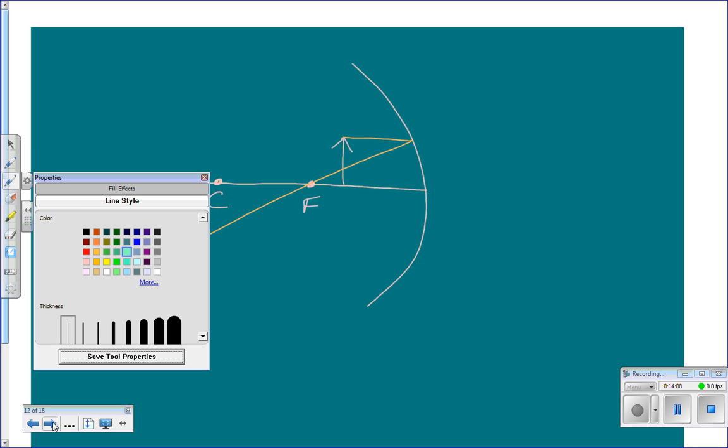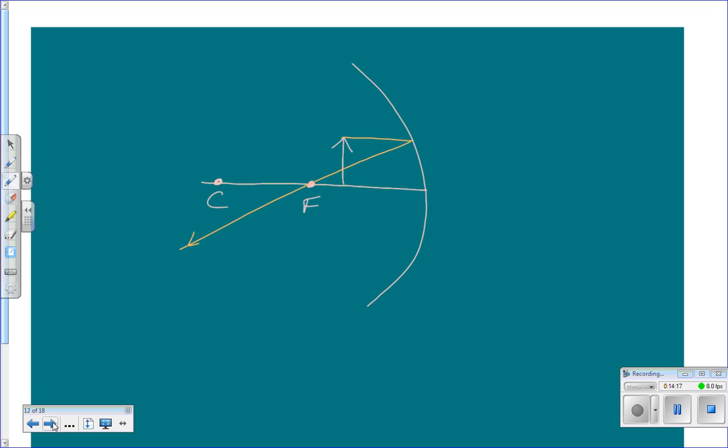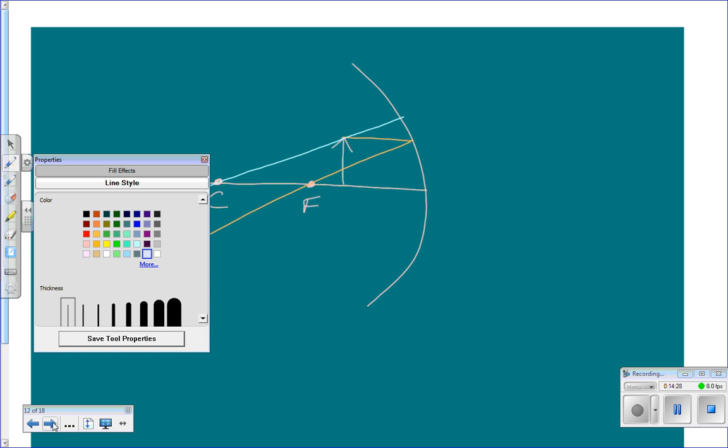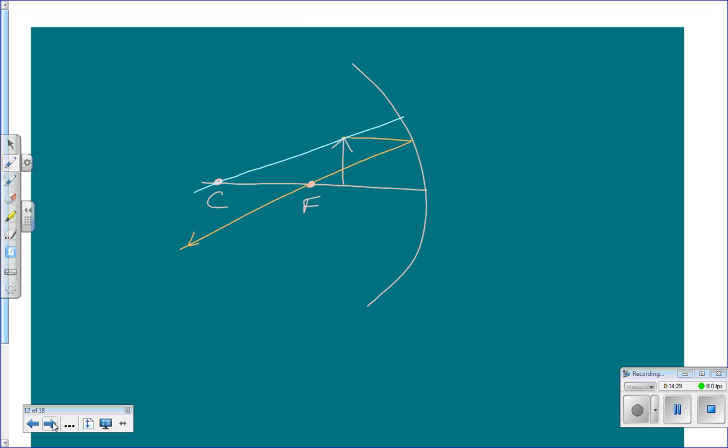Ray 2, I forget what colors I used, so I'm going to just try to guess. Ray 2 is still supposed to go through the center of curvature. Well, that's behind the object, so it has to go that way. And then ray 3 goes through the focal point first, and then reflects parallel.